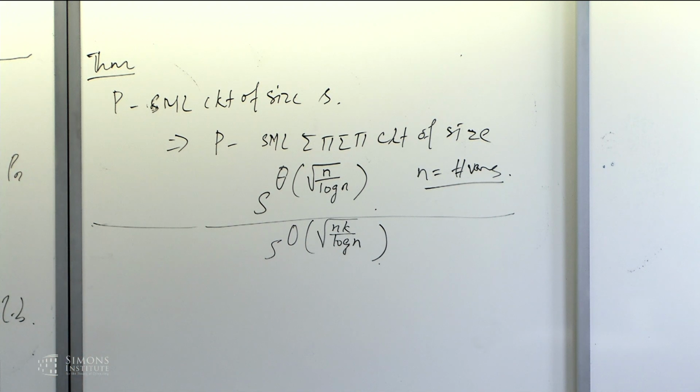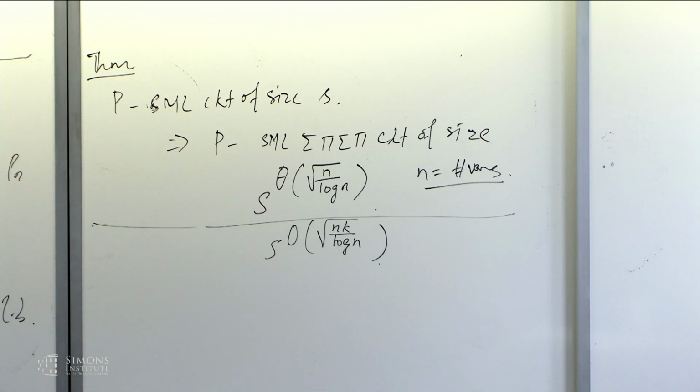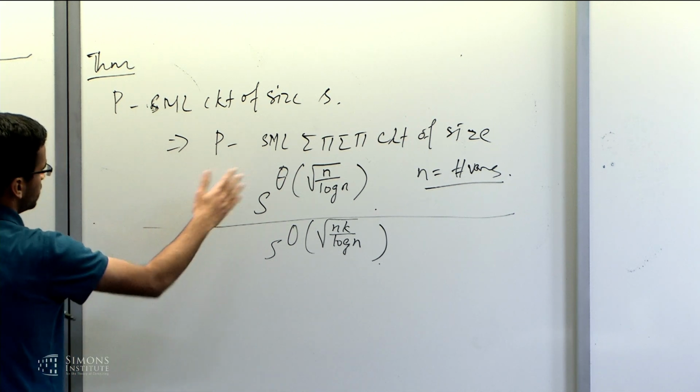And this should be syntactic. Yeah, so the reduced circuit will have the property that you started with. Also, this depth 4 circuit has a little bit more structure than just the size being this.